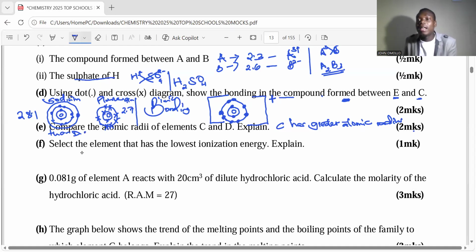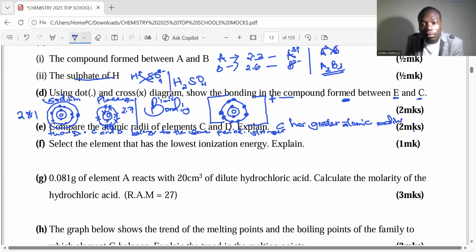That is 1 mark. Explain. Now we have to say that C and D belong to the same period. Full stop.